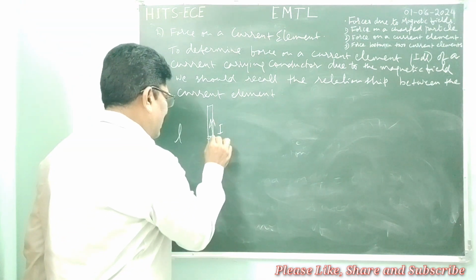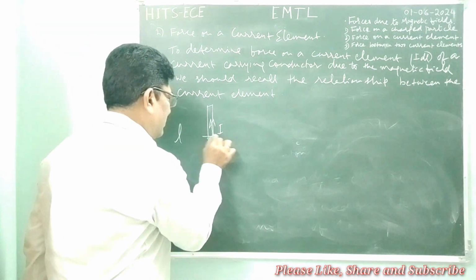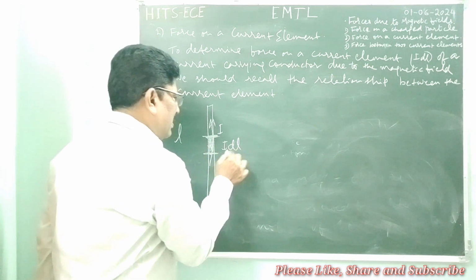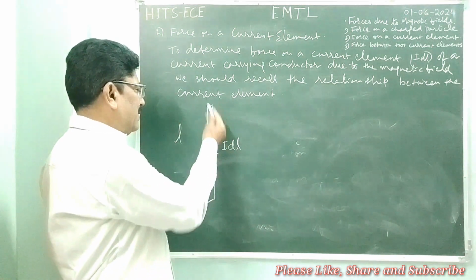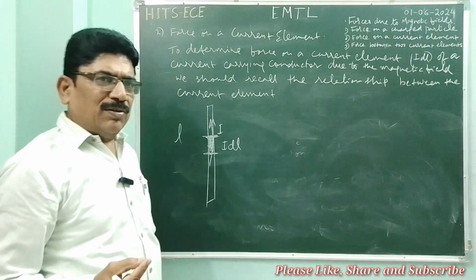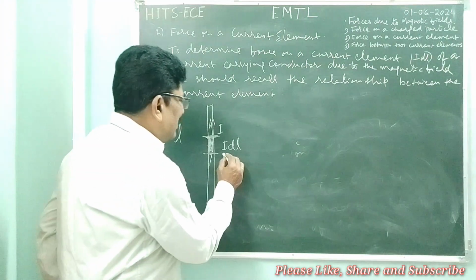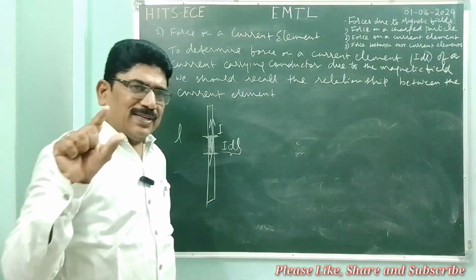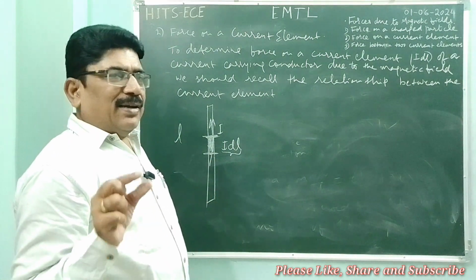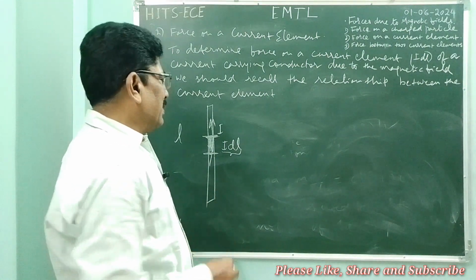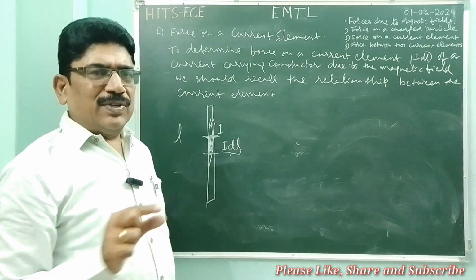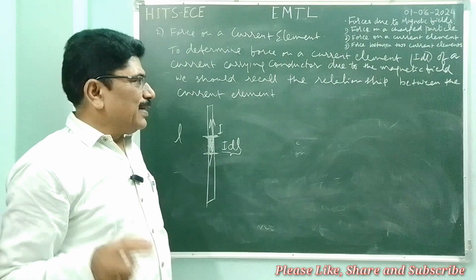The same current flows through this differential element and through the conductor. This current times dL is called the current element. dL is the differential small length of the conductor, and I dL is the current element. We call the product of these two the current element.